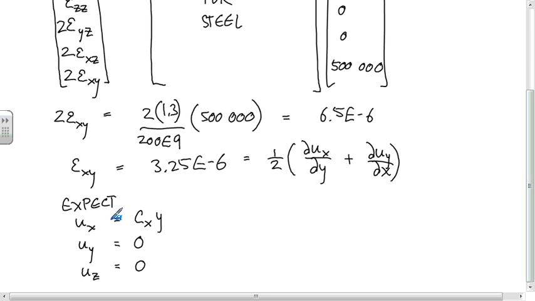Okay, so now we have this form, and we can plug this into this relationship, okay? So we can use this form of the displacement up in this equation.